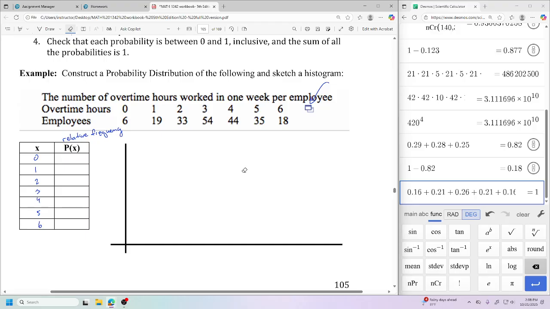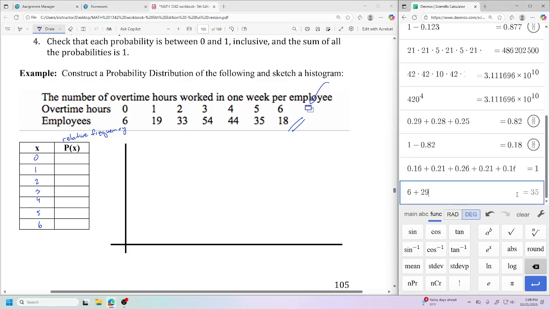But we're going to do this by hand, just a little bit. So I need to find out what my total is, adding all these bottom ones up, adding up all my employees. Let's see what we get. 354, 44, 35, 18. Okay, 209 total.